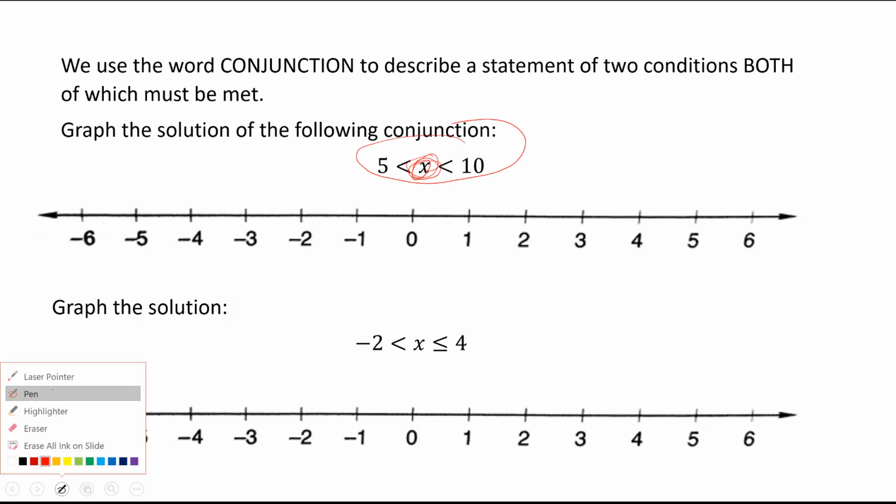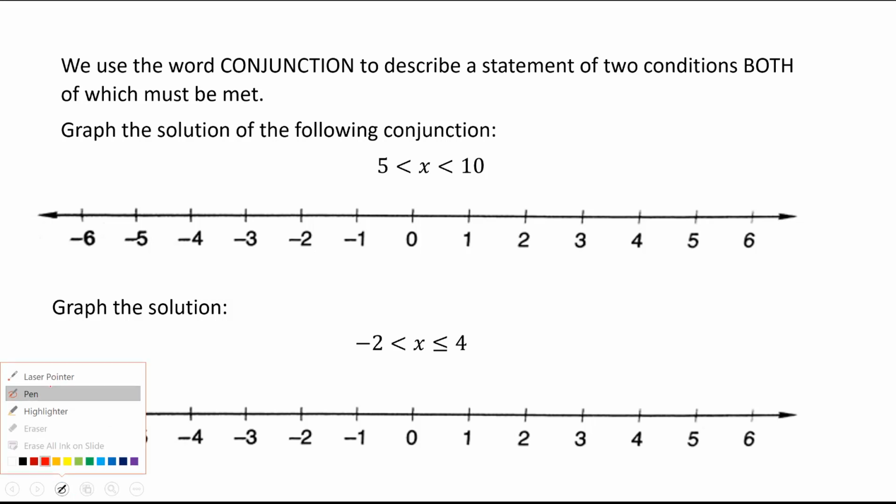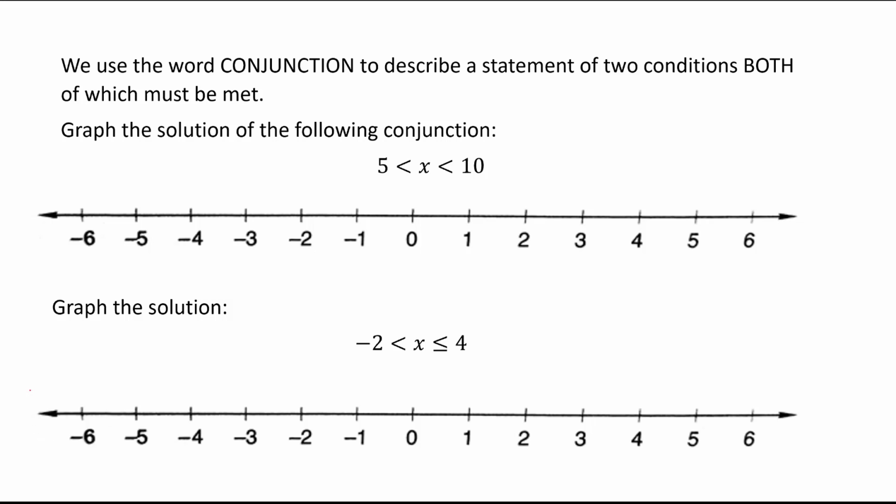So that's how we would want to write that information, how we would want to talk about those numbers that are greater than 5 but less than 10. That's called a conjunction. We want to talk about all the numbers that are fulfilling both of those limits, both of those criteria. All right.